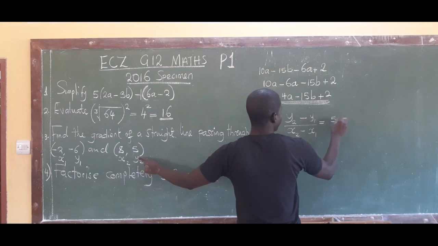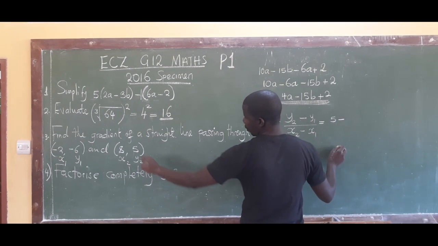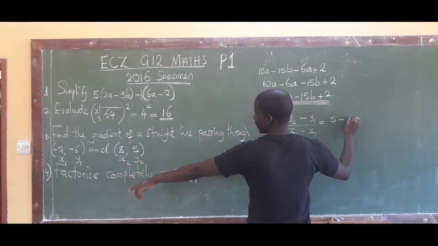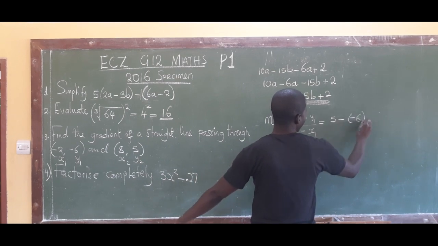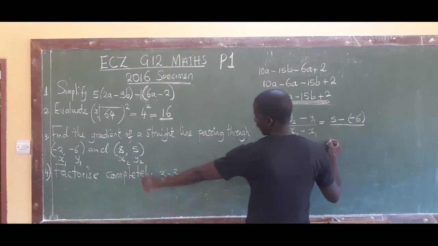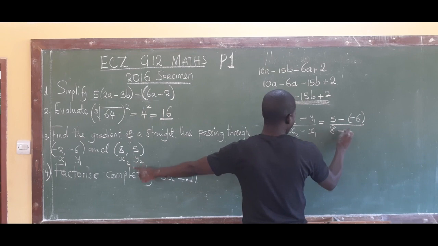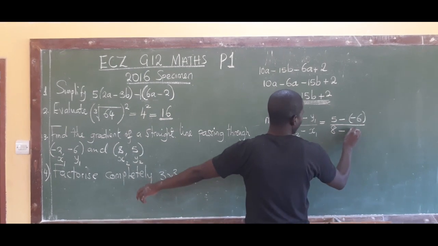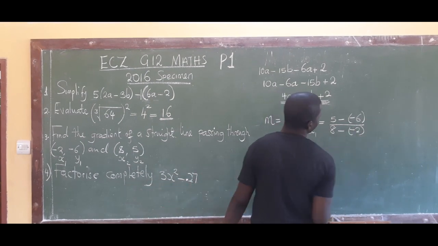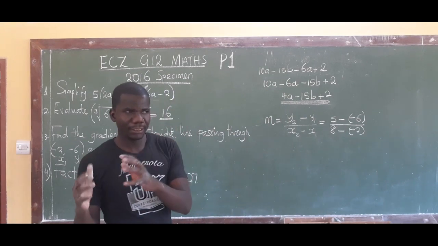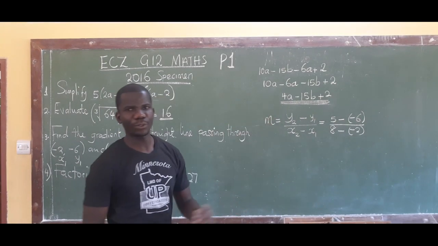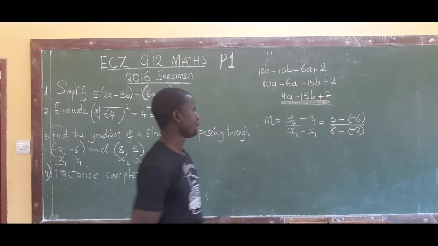y2 is 5 minus y1 is negative 6 over x2 is 8 minus negative 2. Okay, so I'm just getting those coordinates as they are and throw them into the formula.